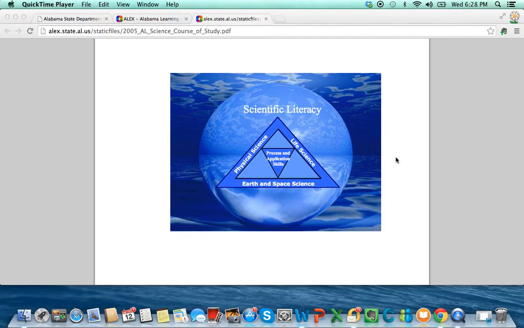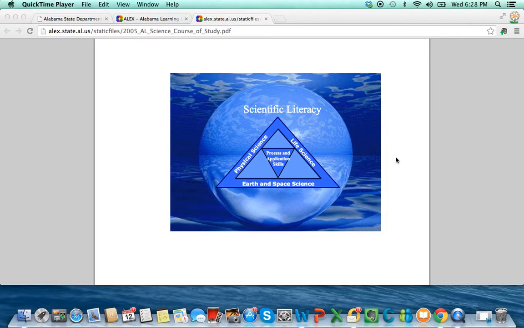And I just want to say that when we move to the disciplinary core ideas of the next generation science standards, you're going to see that those 3 disciplines of science are equally valued as well. But as you look at here, the thing that connects all of those together are process and application skills.